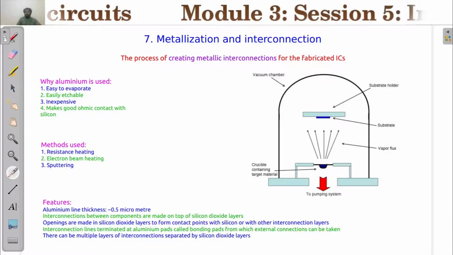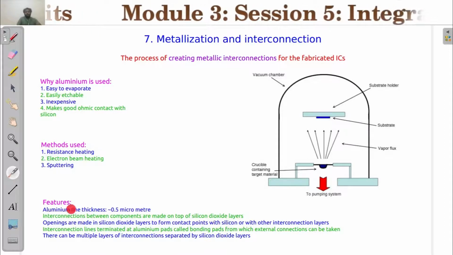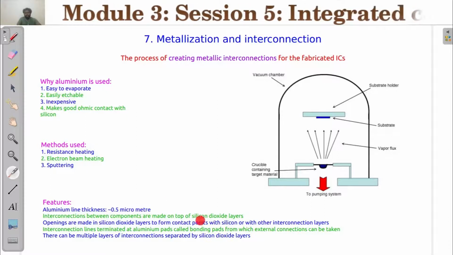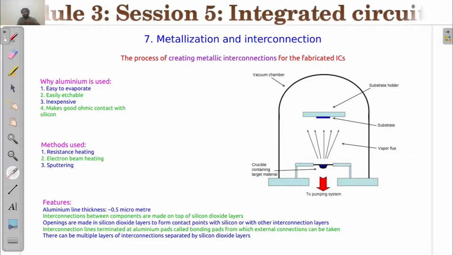The feature of this is that the aluminum line thickness will be around 0.5 micrometer. The interconnections between components are made on top of the silicon dioxide layer.